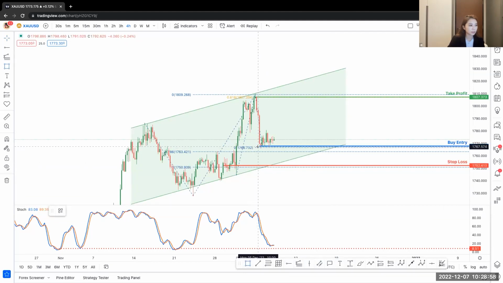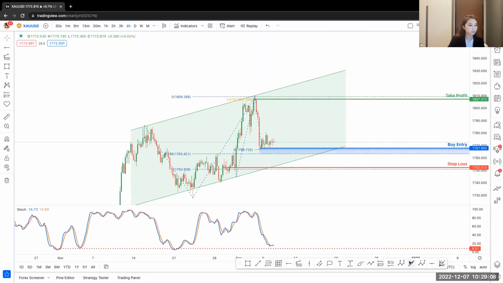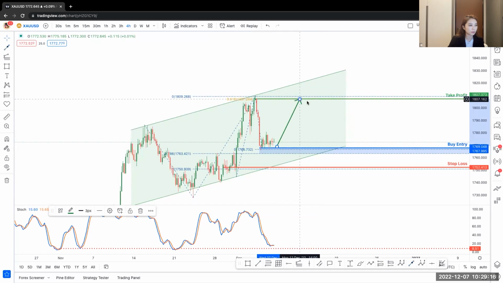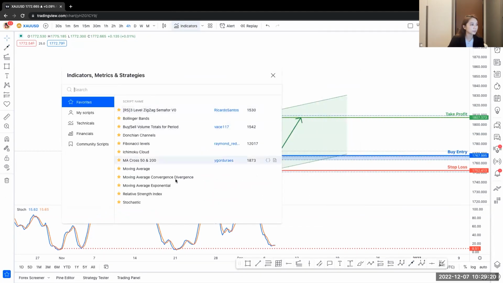Our 78.6 Fibonacci projection is also nicely in line with our buy entry. You could keep your stop loss higher if you want to. However, I think it would be nice as it's slightly below the channel and it will show a lot of indication if it really exceeds that level in price.